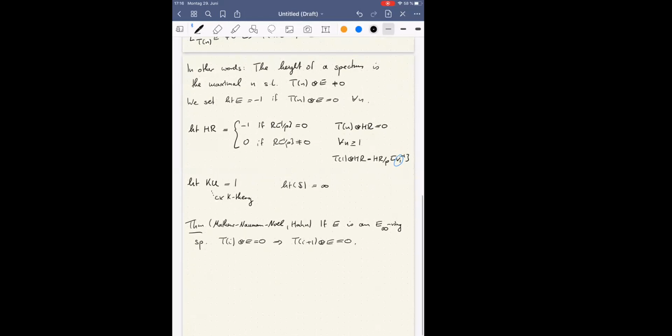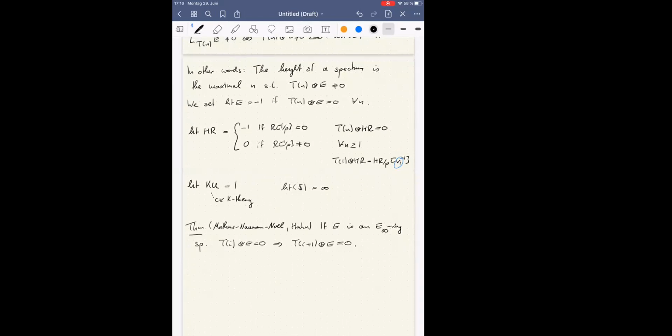So a priori, if you have some spectrum E, you might imagine, if I draw as blocks the things where Ti is non-zero, you might say, for example, T0 tensor E might be non-zero, T3 tensor E might be non-zero, and T7 tensor E might be non-zero. And then you say, okay, the height is 7.